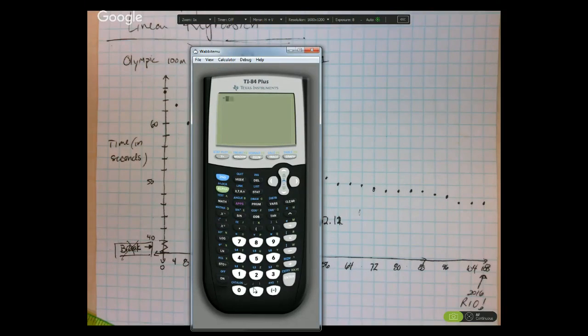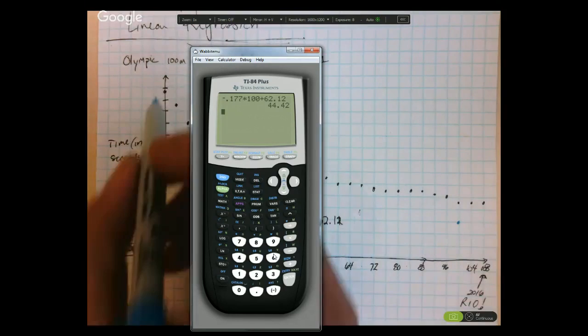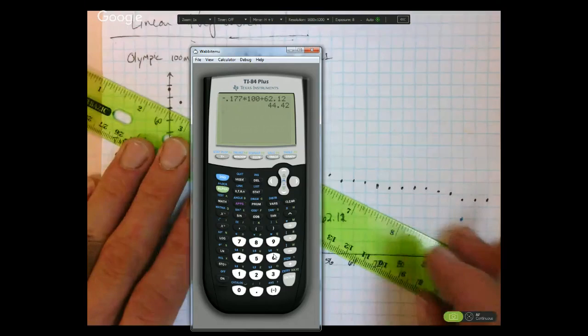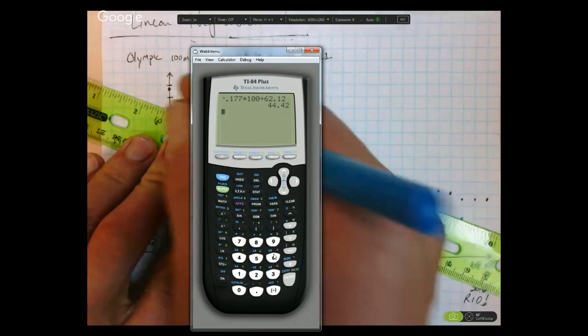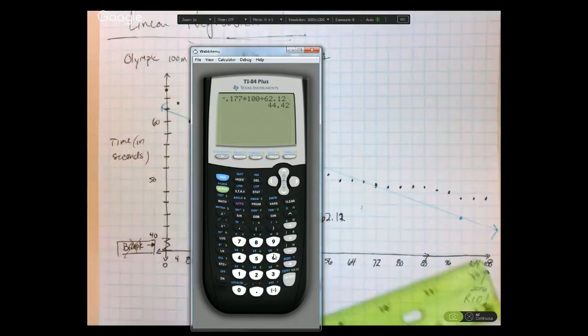We have negative 0.177 times 100 plus 62.12. Yep, 44.4. And then my starting value, 62. Then I'm going to use a ruler so I'm precise. There's my regression line.